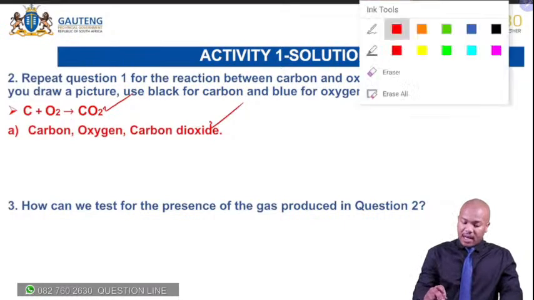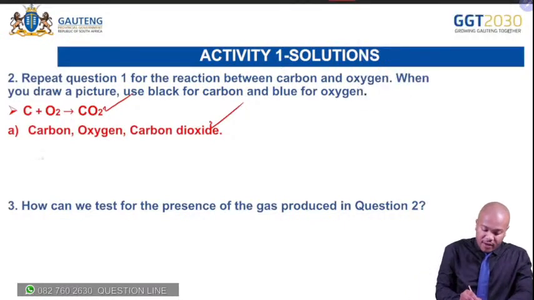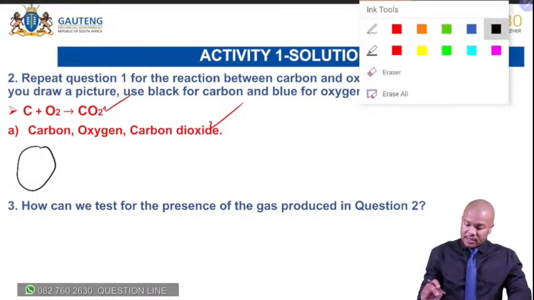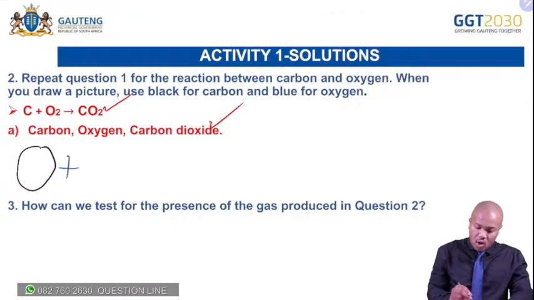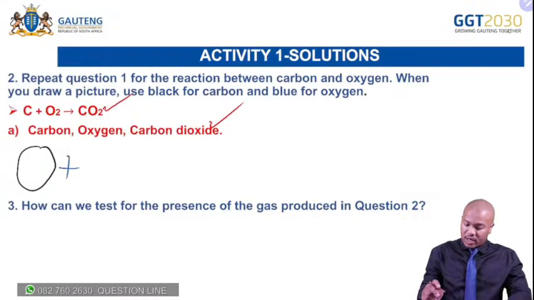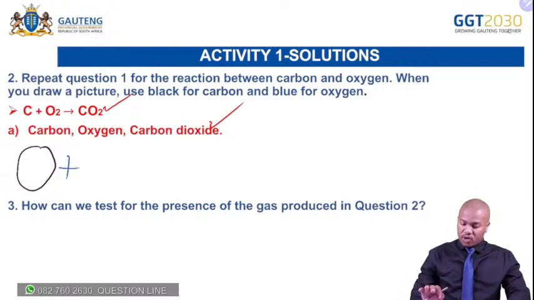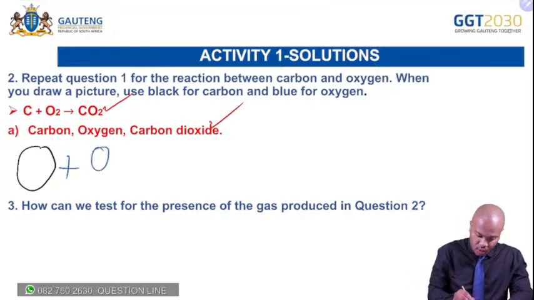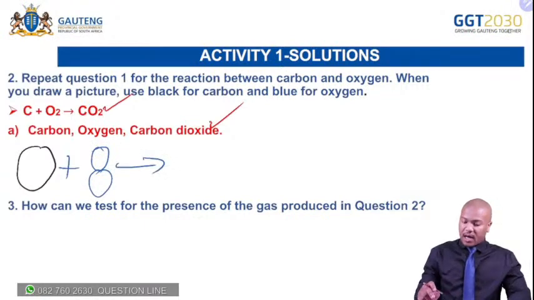Let's get a black color. So we have carbon plus oxygen. We have O2, right? We have two oxygen atoms. What color do we need to use? We need to use blue. So we have 1, 2. They form what? Carbon dioxide. How many carbons do we have?